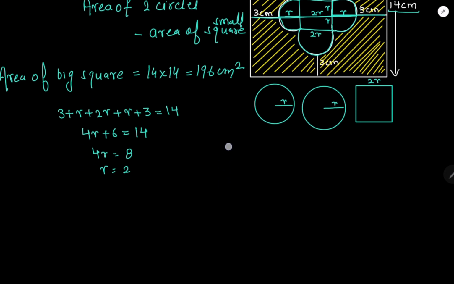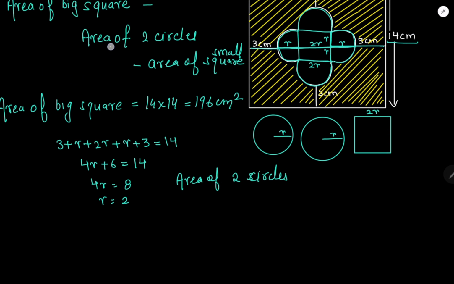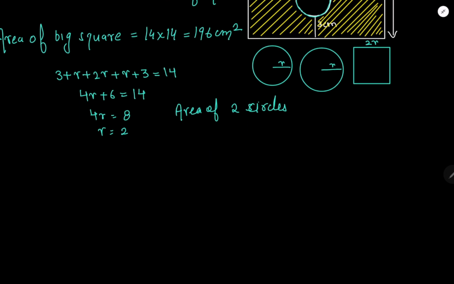If R is 2, what is the area of 2 circles? Because we need to subtract the area of 2 circles. Area of a circle is pi r square, so the area of 2 circles is 2 pi r square. The area of the small square is 2r square, that is 4r square.